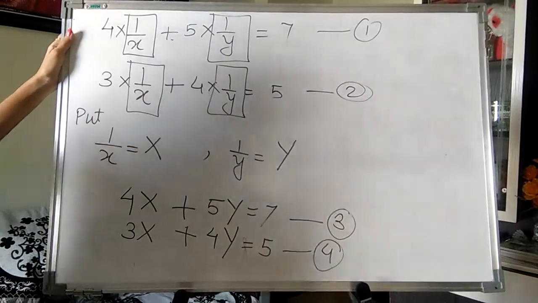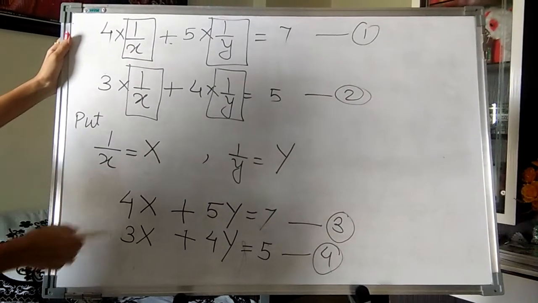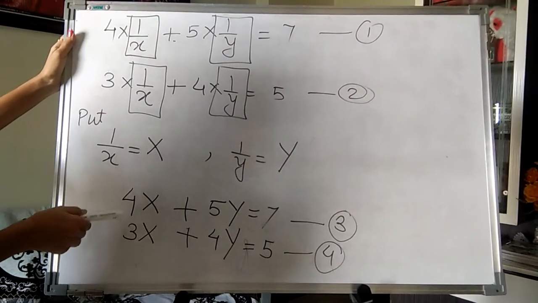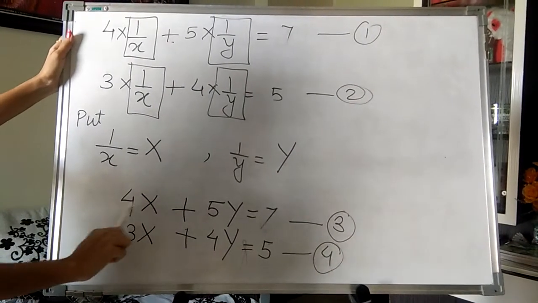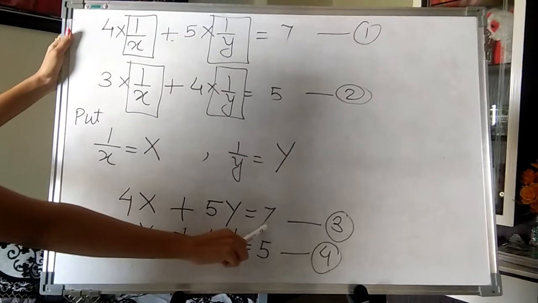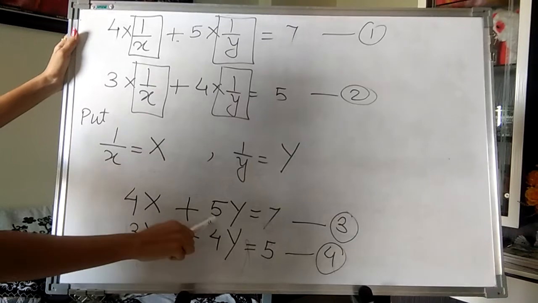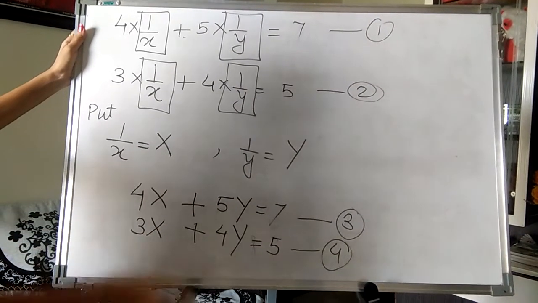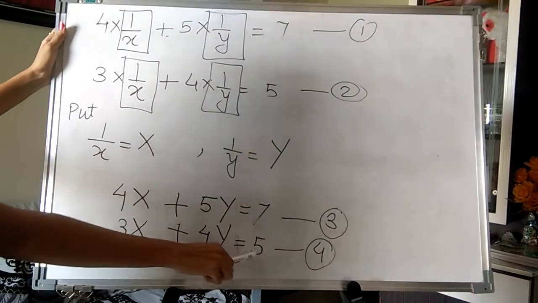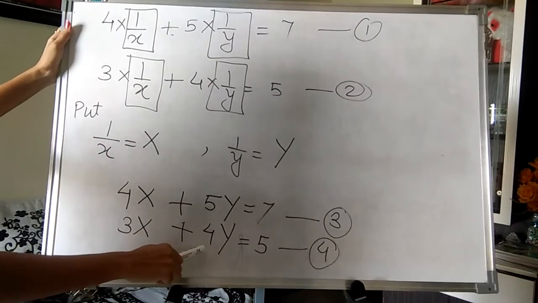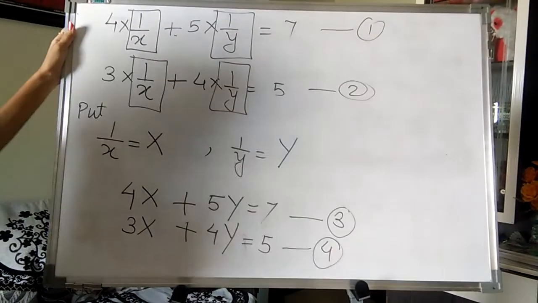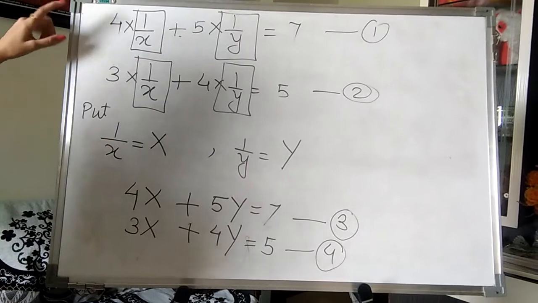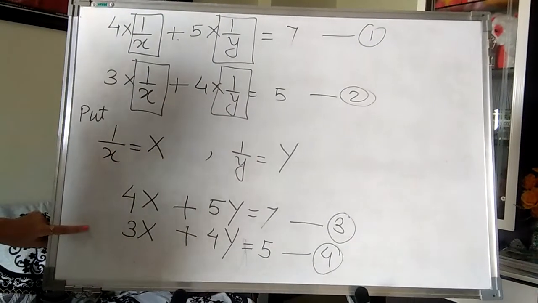Now you will see that both equations are in the standard form of linear equation in two variables. ax plus by is equal to c, where a is 4, b is 5, c is 7. Again ax plus by is equal to c, where a is 3, b is 4 and c is 5. In this way you have converted these two equations into the standard form.